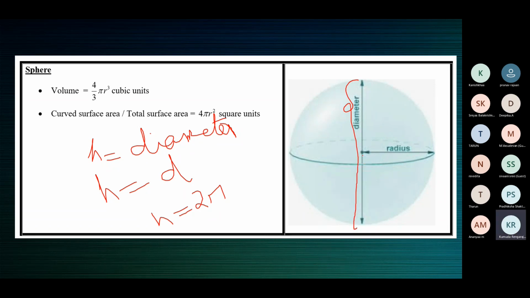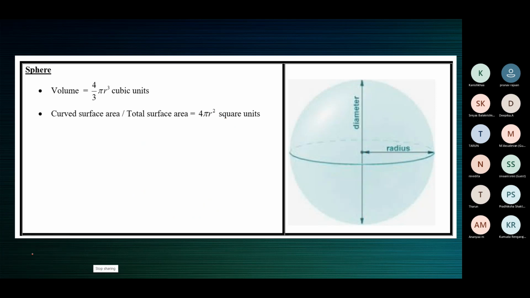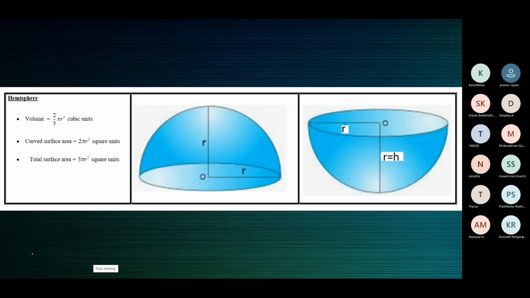From here to here it's R, and from here to here it's R. So the height of the sphere is 2R units. Half of a sphere is a hemisphere.